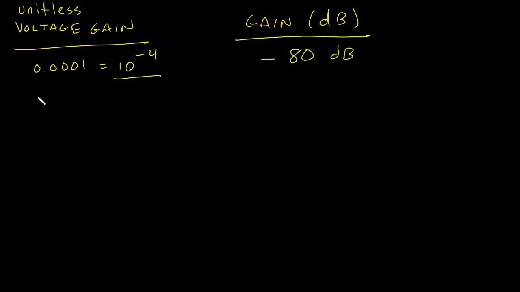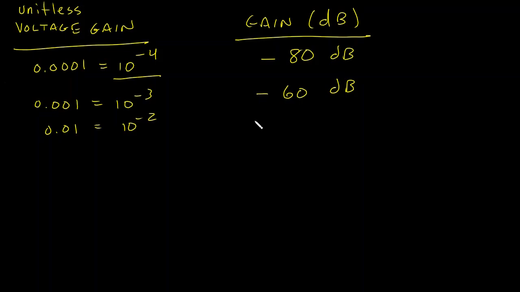Carrying on with that, if we have a gain of 0.001, which is 10 to the minus 3, then we're going to have a minus 3 times 20, which gives us minus 60 dB. And you can see the pattern here. If we have a gain of 0.01 or 1/100th, that is 10 to the minus 2. The log base 10 of that is negative 2.